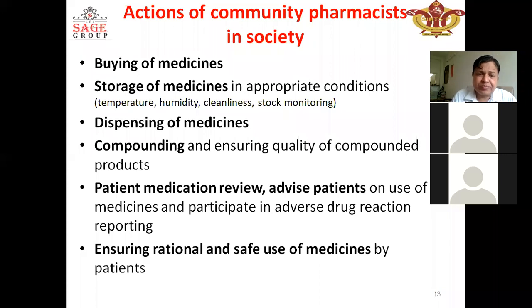Patient medication review, advising patients on the use of medicines, participating in adverse drug reaction reporting, and ensuring the rational and safe use of medicine by the patient.